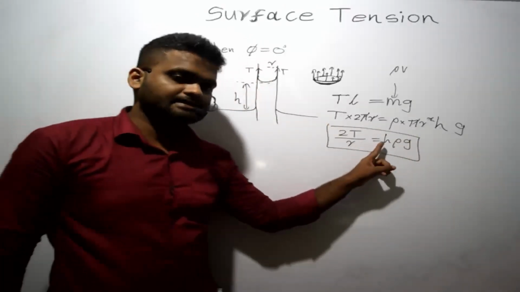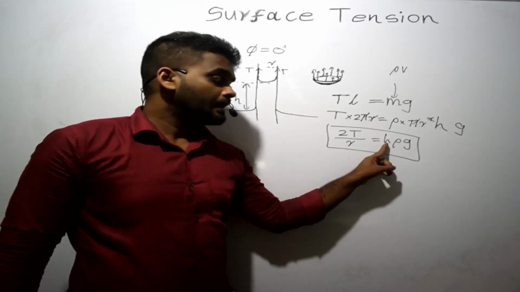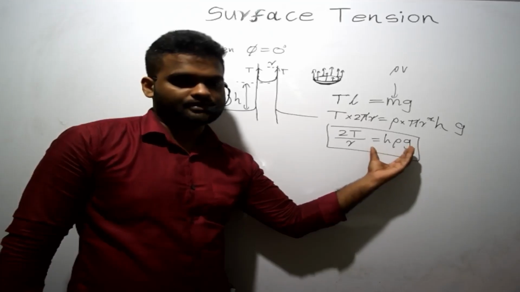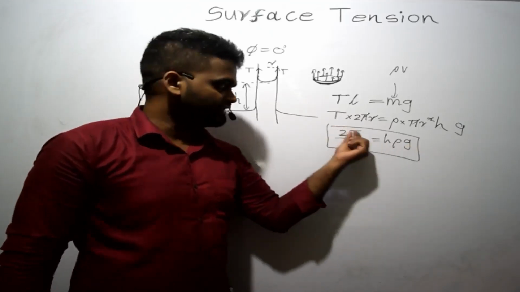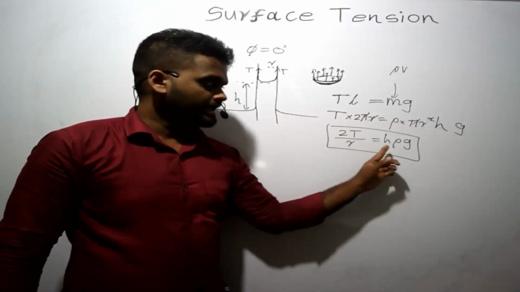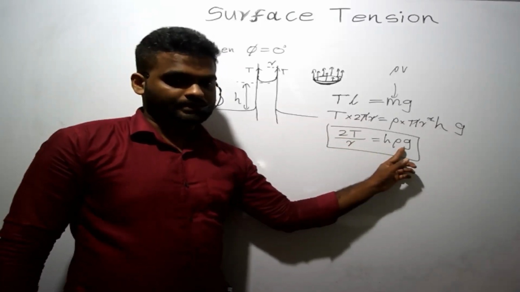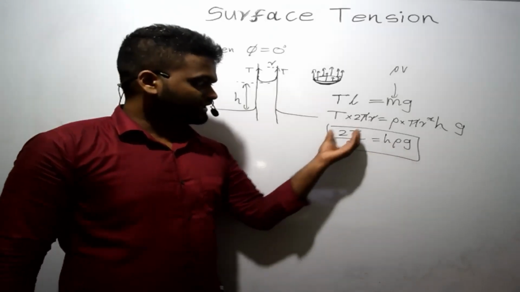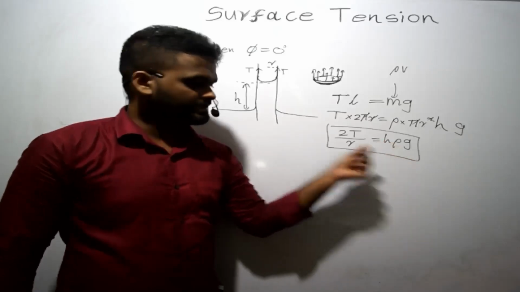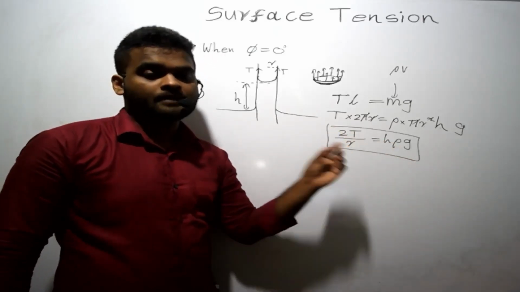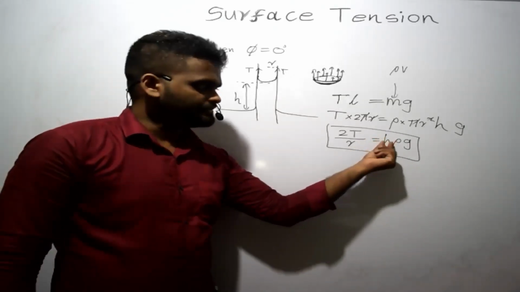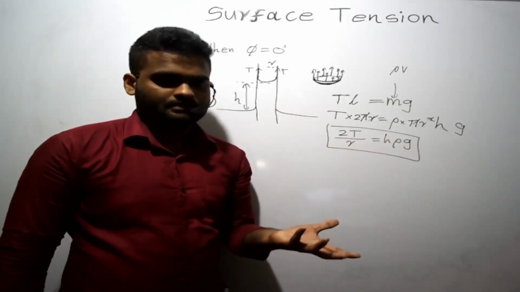So if they ask for capillary rise, you just have to make h the subject. Just remember this form of the equation, right? When they ask a question, remember this form. 2T divided by r. So you know the terms, right? 2T, internal radius, capillary rise, density of liquid. 2T divided by r equals h rho g. h rho g you already remember. Just remember that it is also equal to 2T over r when it comes to surface tension, right? So if they ask for capillary rise, you can make h the subject and find it. Understood?